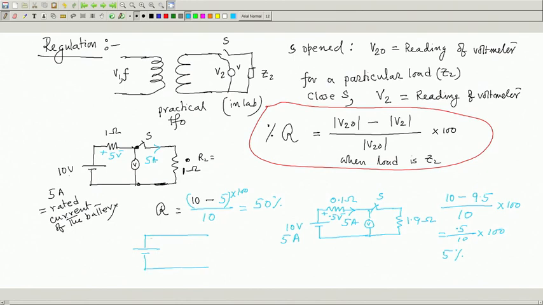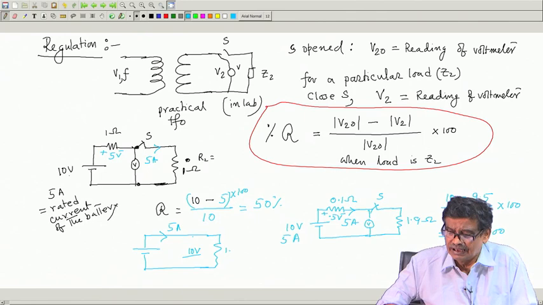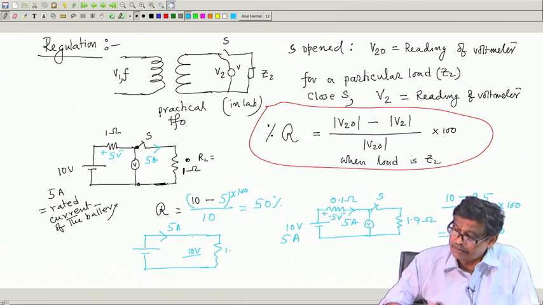If it is an ideal battery, no internal impedance, then whether you connect load or not, this voltage will be 10 volt always. So, regulation is 0. Okay, we will address the problem whether it is better to have a source having 0 internal impedance or not, that is another thing to be discussed.